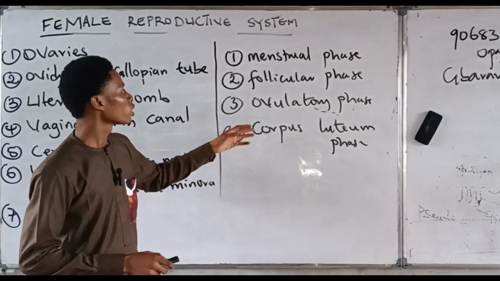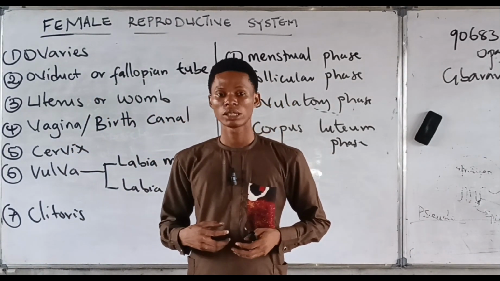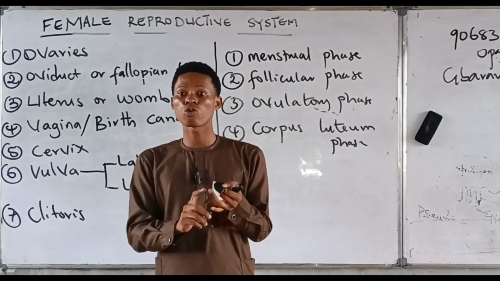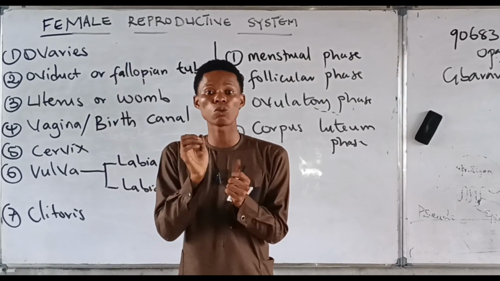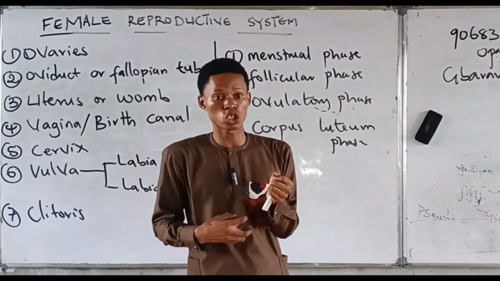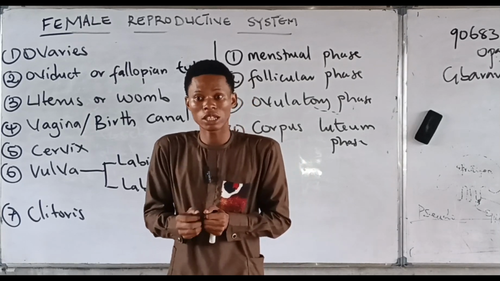So the womb is always preparing in case of pregnancy, so estrogen and progesterone will be produced in very high concentration to thicken the walls of the uterus, to thicken the walls of the womb. So in case there is fertilization, there can be implantation. The womb can be thick enough to carry the developing baby.